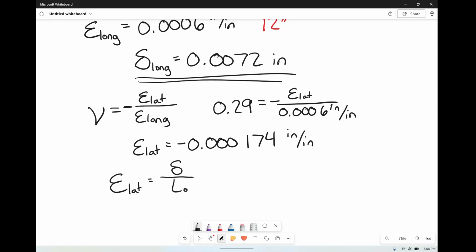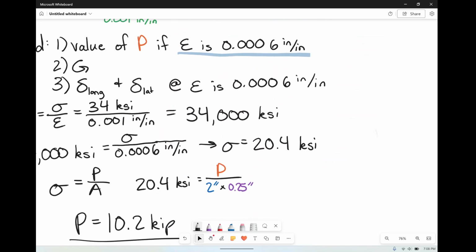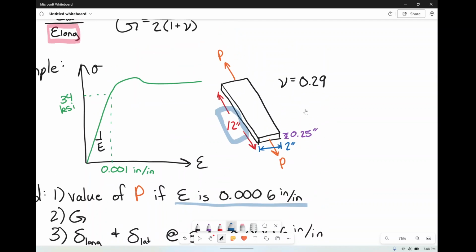So we're going to do this twice, because in this case we have two separate directions. We have the 2-inch direction, and we also have the 0.25-inch direction. So we're going to get two separate ones.